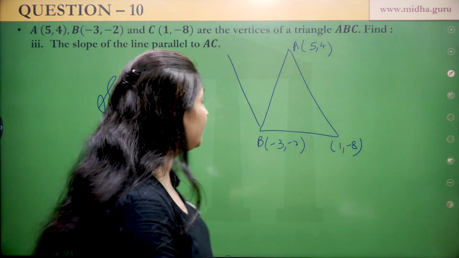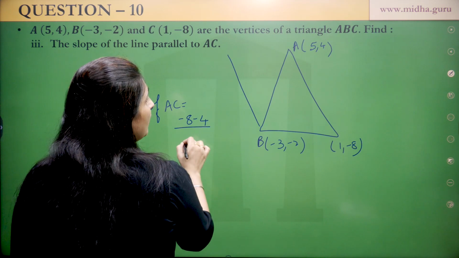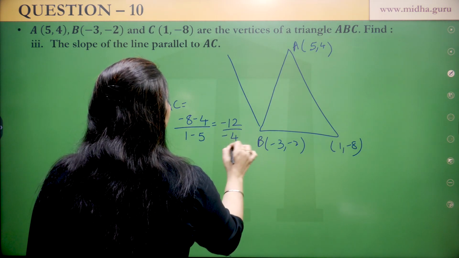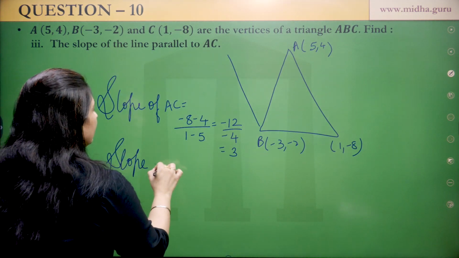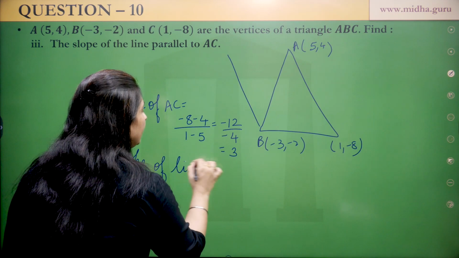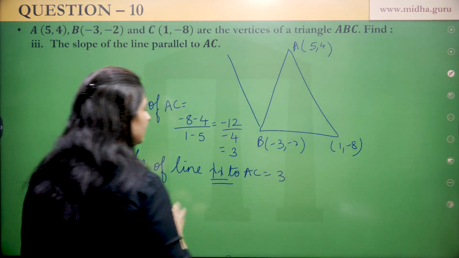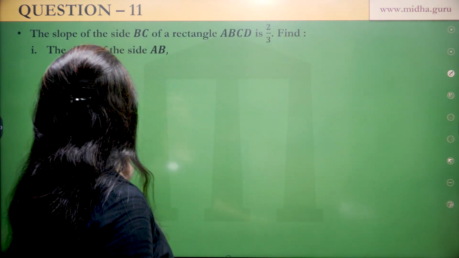So what will be the slope of AC? It will be minus 8 minus 4 by 1 minus 5, which is minus 12 by minus 4, which is 3. So the slope of a line parallel to AC will also be equal to 3. So we'll move on to the next question.